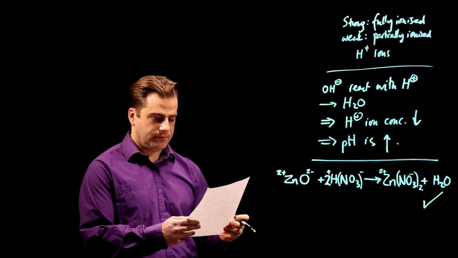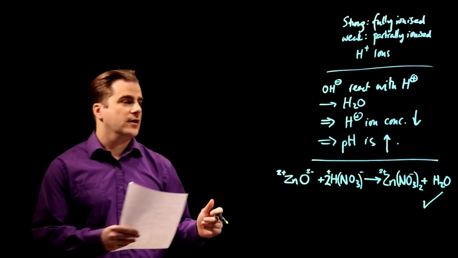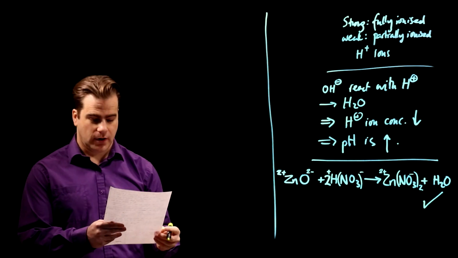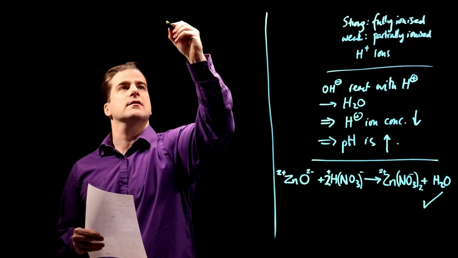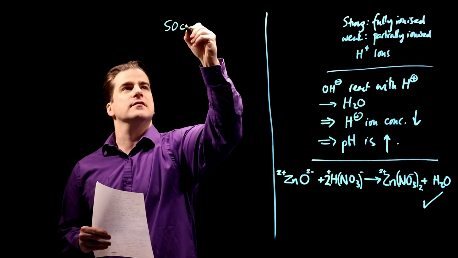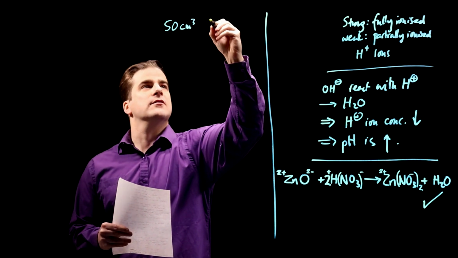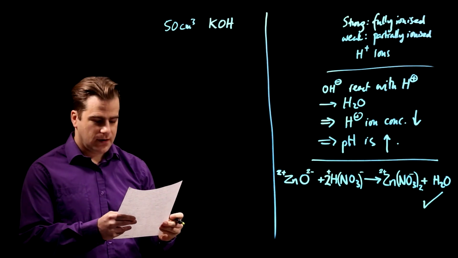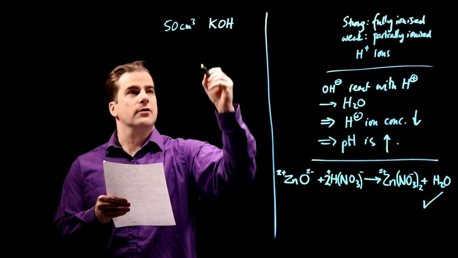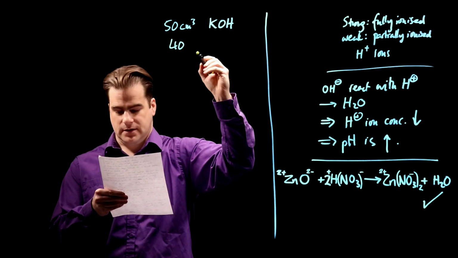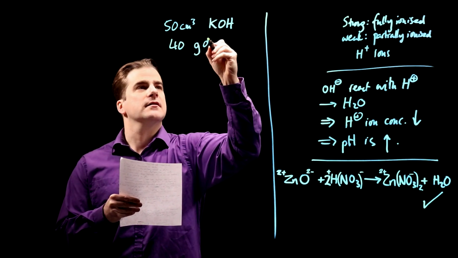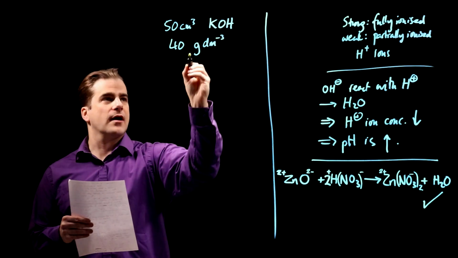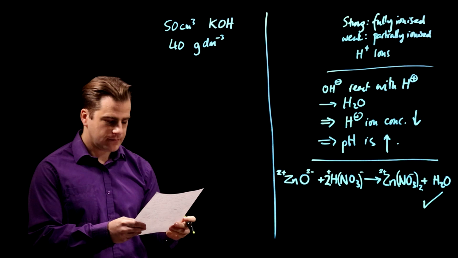Next question. We have 50 cm cubed of potassium hydroxide, okay, 50 cm cubed of KOH, and a concentration of 40 g dm to the -3, grams per dm cubed.